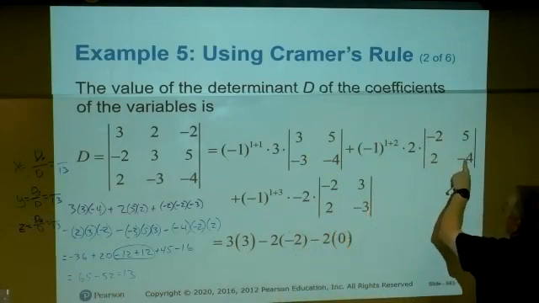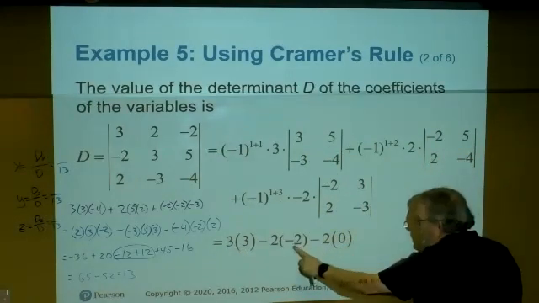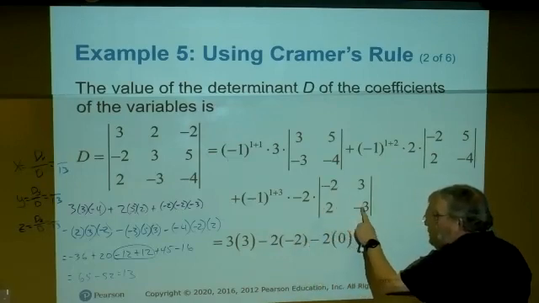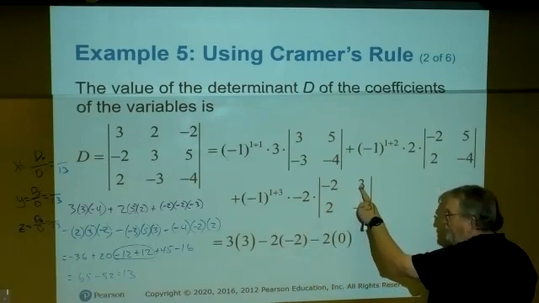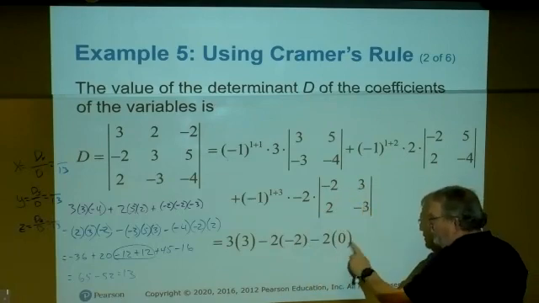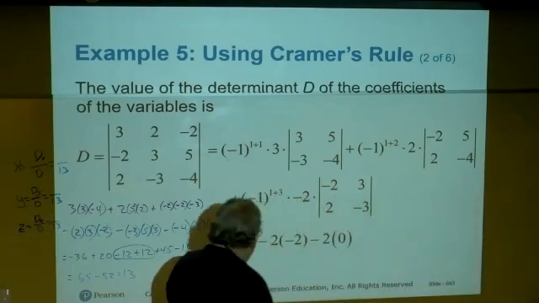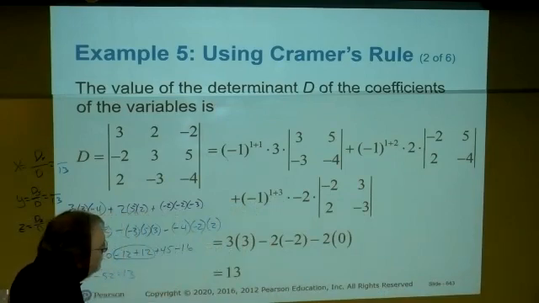Negative 2 times negative 4 is a positive 8. 2 times 5 is 10, so we have 8 minus 10, which gives us the negative 2. Negative 2 times negative 3 is 6. 2 times 3 is 6. So I have 6 minus 6, which is 0. So this term disappears, and this becomes 9 plus 4, which is 13.